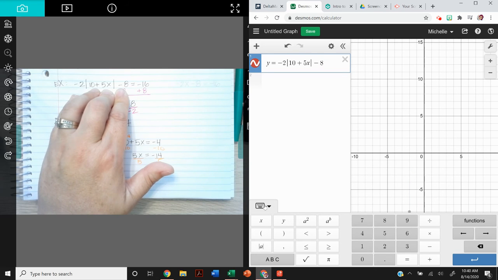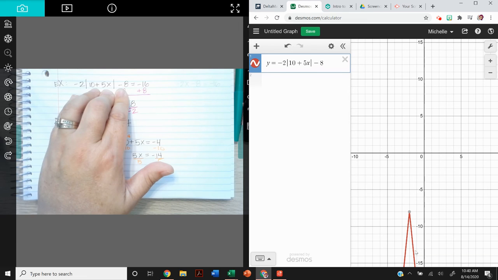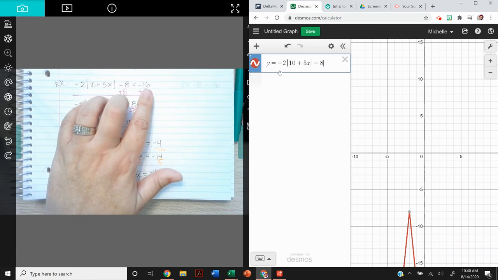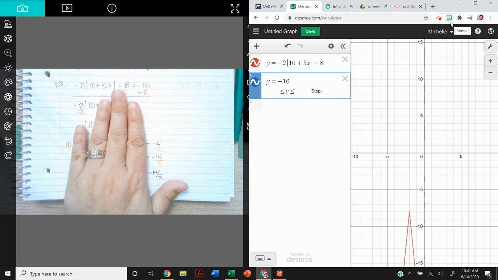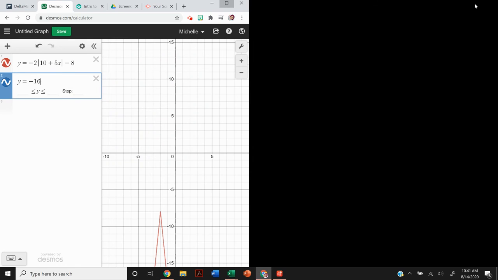You can see our pictures poking out right here at the bottom. Now I'm going to type in the right-hand side. Well, the right-hand side is just 16. I'm sorry, it was -16. I didn't say that right. -16.